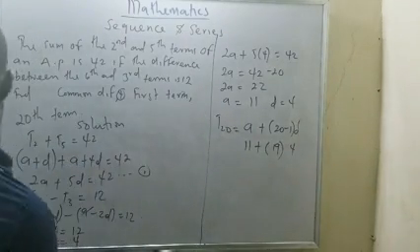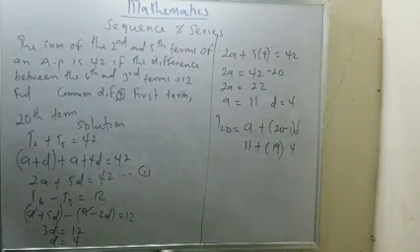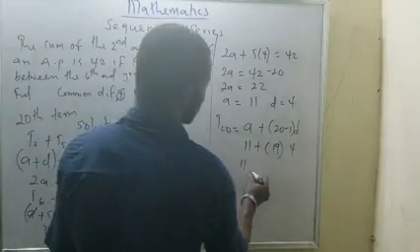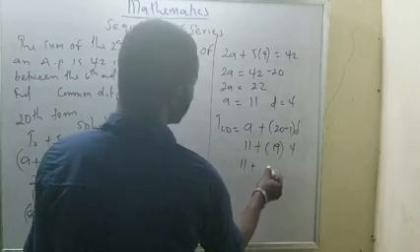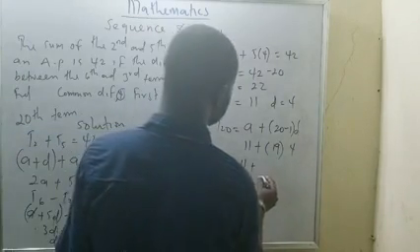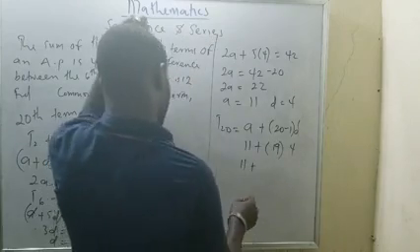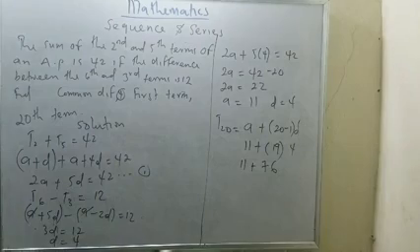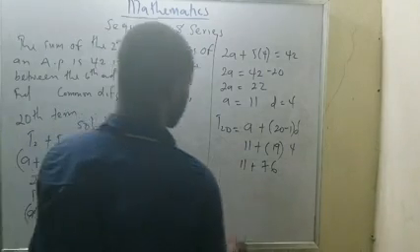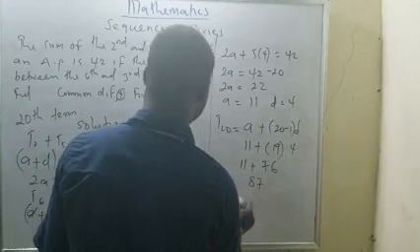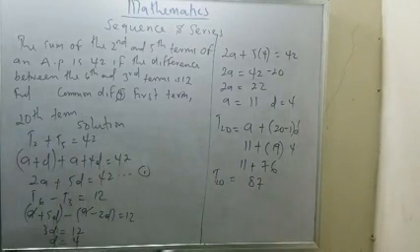It will be very simple: 19 times 4 is 76, and 76 plus 11 is 87. My T20 is equal to 87.